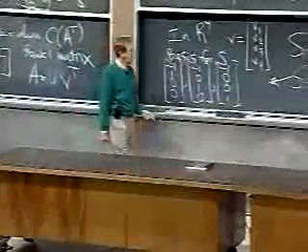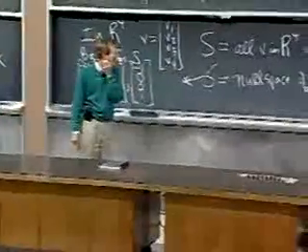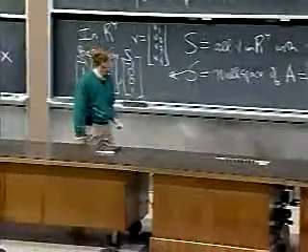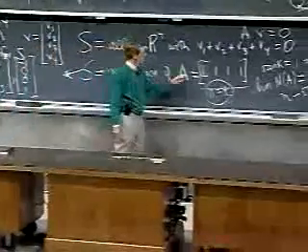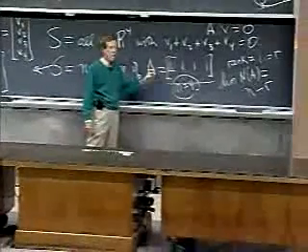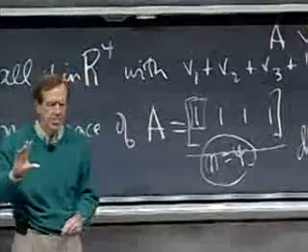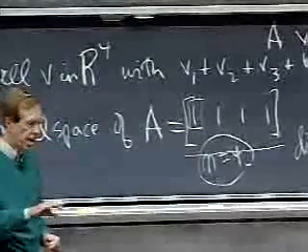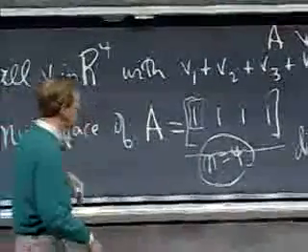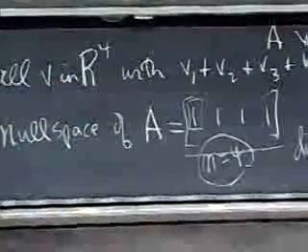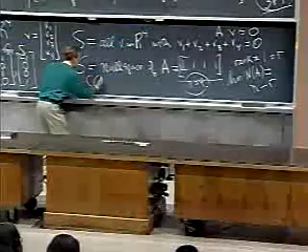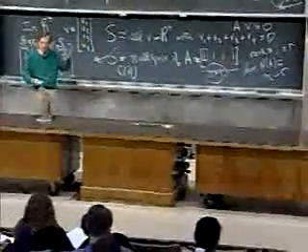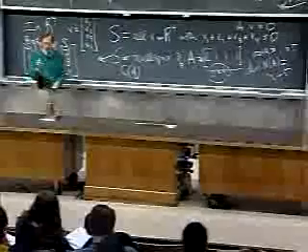Okay, tell me about the column space. What's the column space of this matrix A? The column space is a subspace of R1, because m is only 1. The columns only have one component. So the column space of A is somewhere in the space R1, because these columns are short.